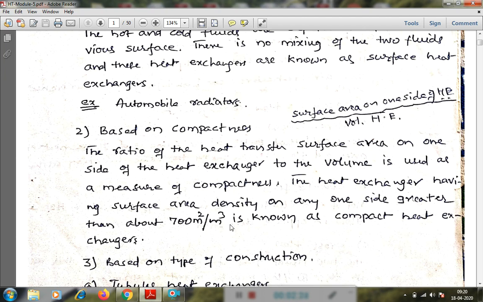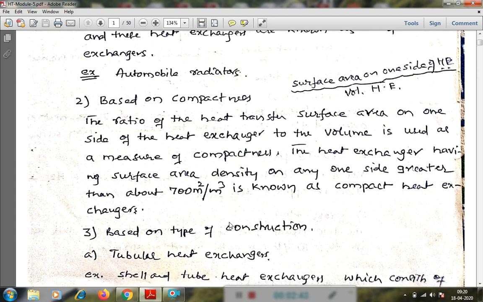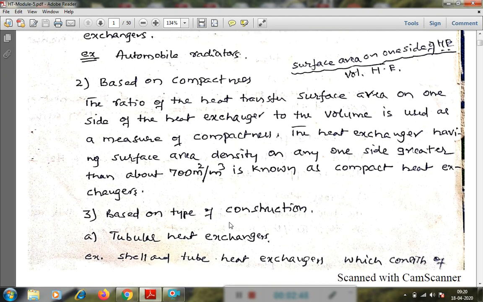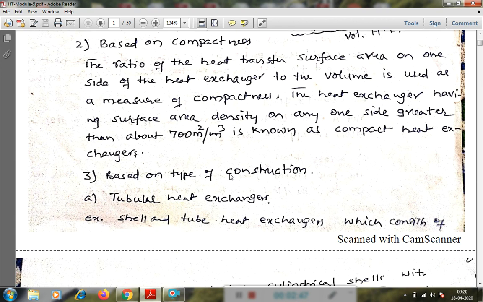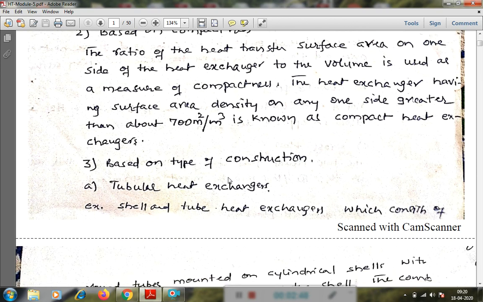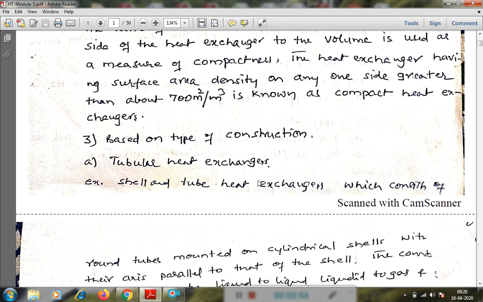If the surface area is more for the same volume, then it is a more compact heat exchanger. If it is greater than 700 meter square per meter cube, it is a compact heat exchanger. If the size for the same volume is smaller and it transfers more heat, we call it a compact heat exchanger.